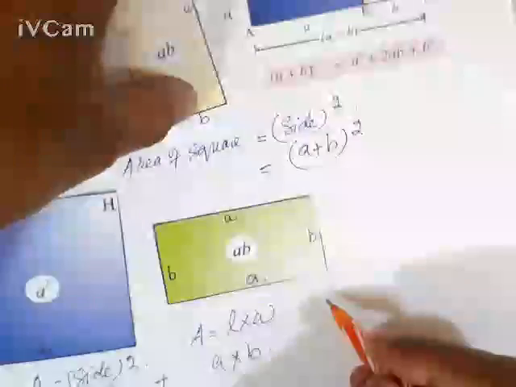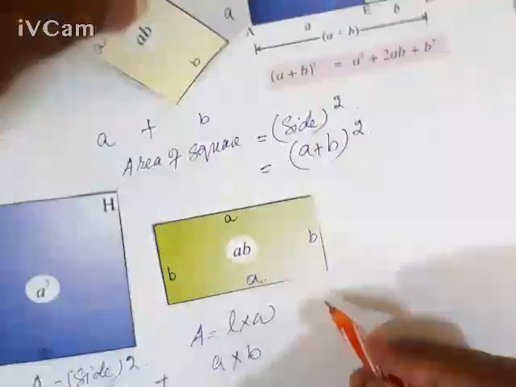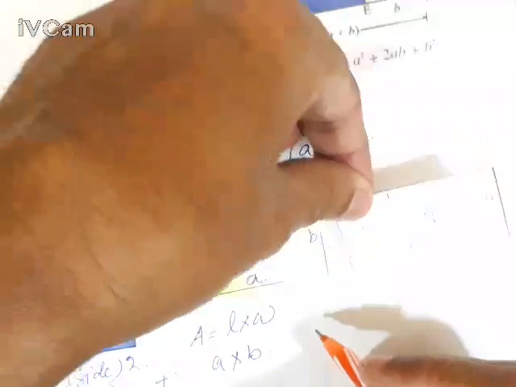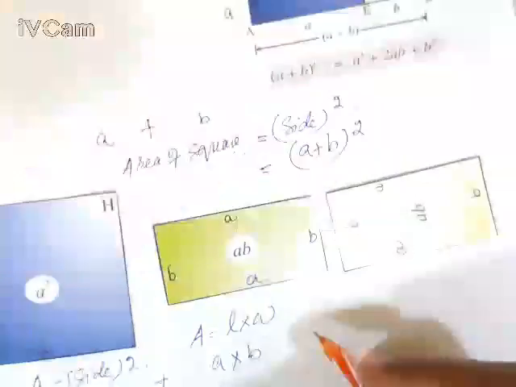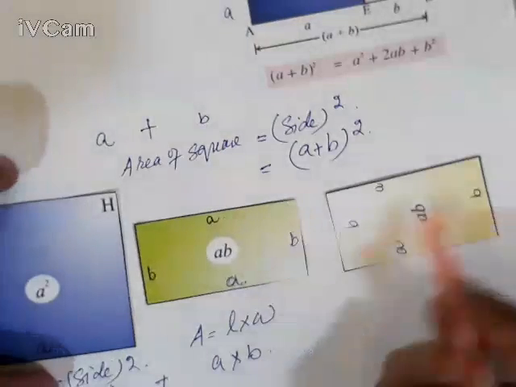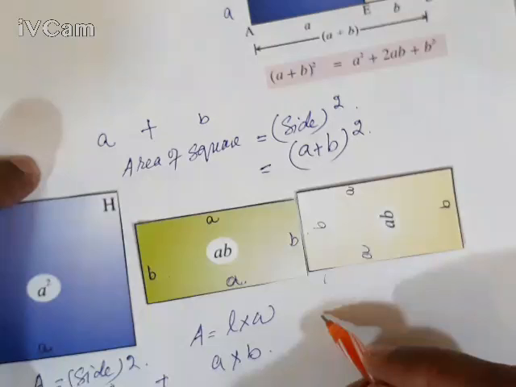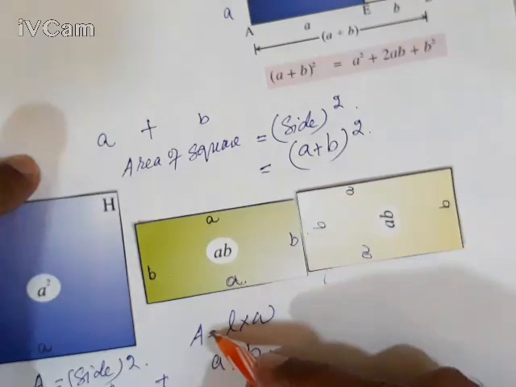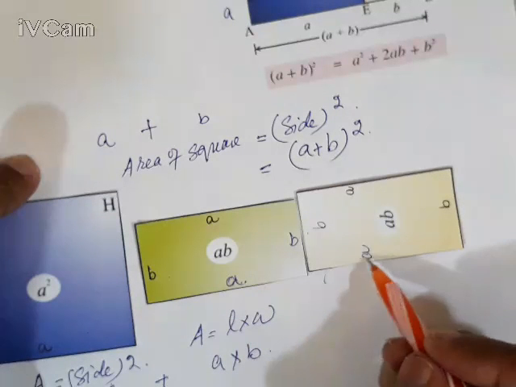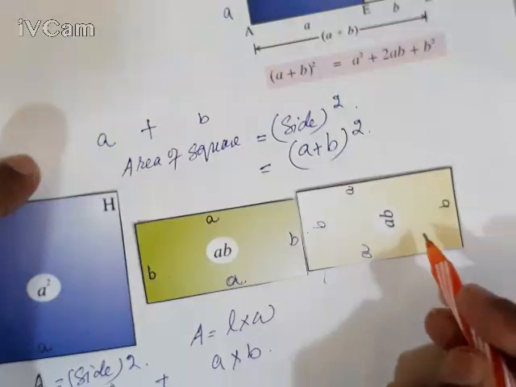Then again we pick up this same rectangle and paste it over here. Again we apply the same formula, area is length multiplied by width. The length is a, width is b.